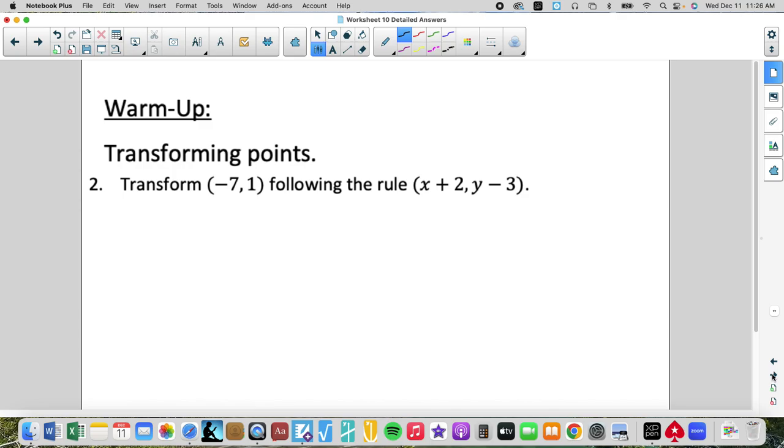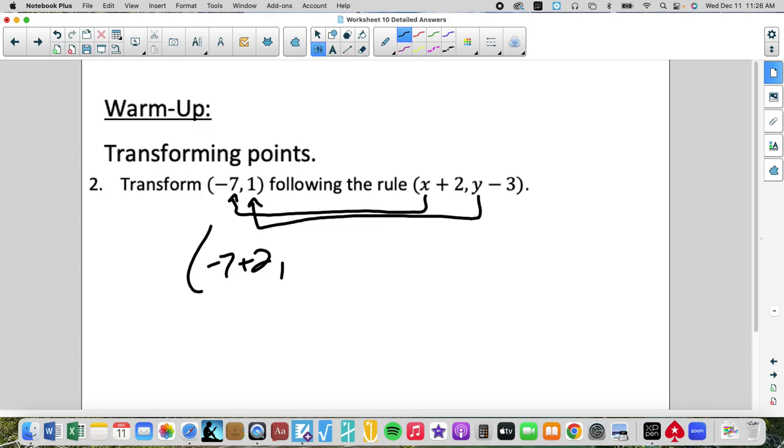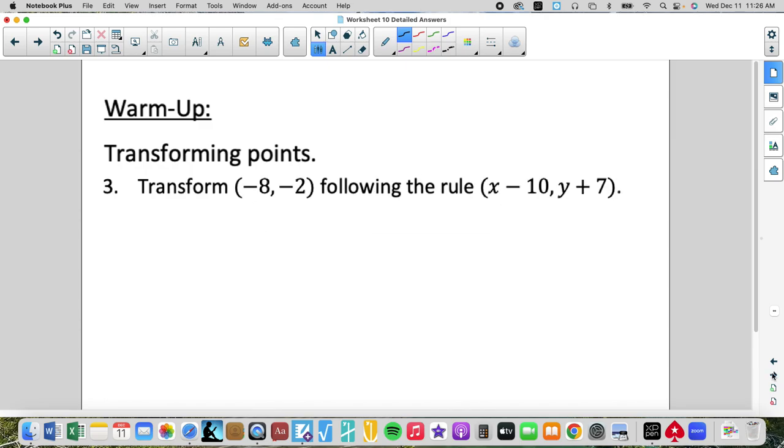So we'll do that again. We will take the x value and plug that in, so -7 plus 2. And then we take our y value and plug that in, so that's 1 minus 3. So we get the coordinate -5, -2 as our new value.